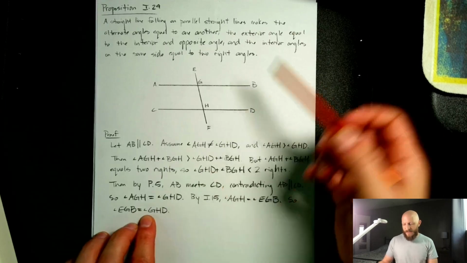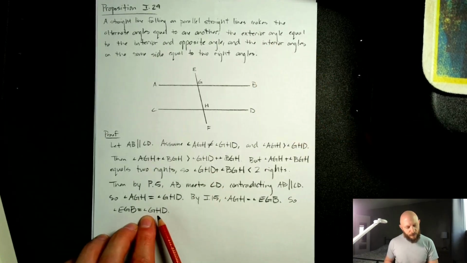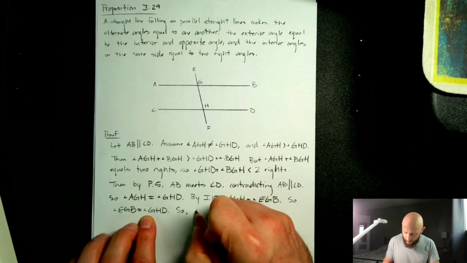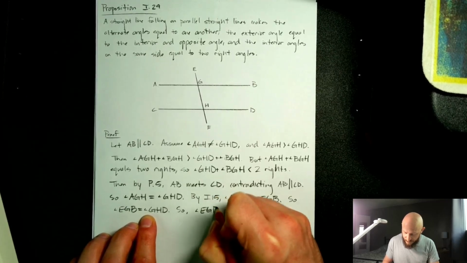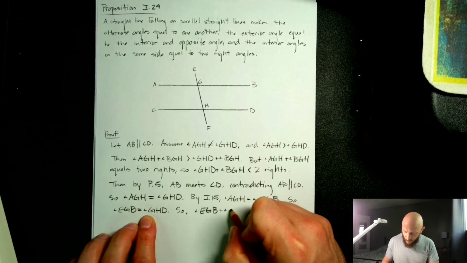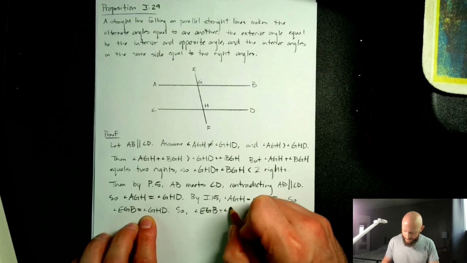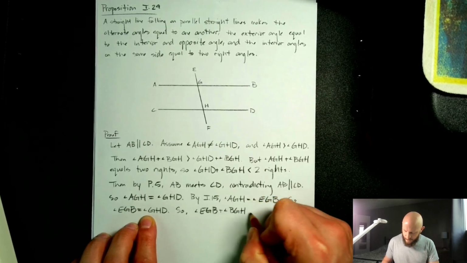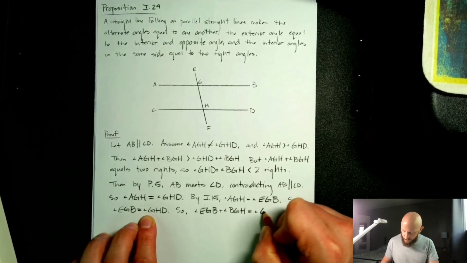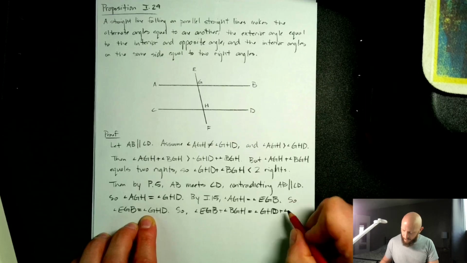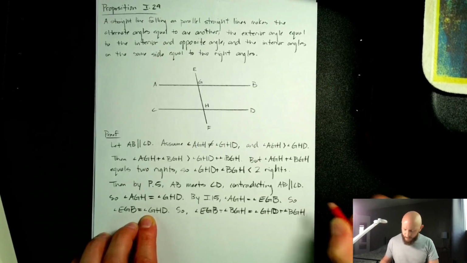And then we can get the last result pretty quickly. How do we do it? We add BGH to both sides. So, angle EGB plus angle BGH is equal to angle GHD plus angle BGH.